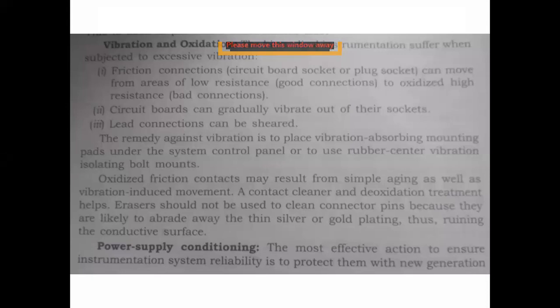And lead connections may be shaken loose. In some cases the connected leads will be disconnected due to this vibration.